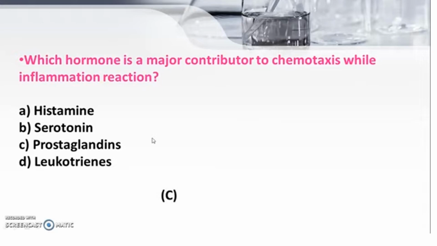Next: which hormone is a major contributor to chemotaxis during the inflammation reaction in our body? Histamine, serotonin, prostaglandin and leukotriene are the options. Prostaglandin is again the correct answer.